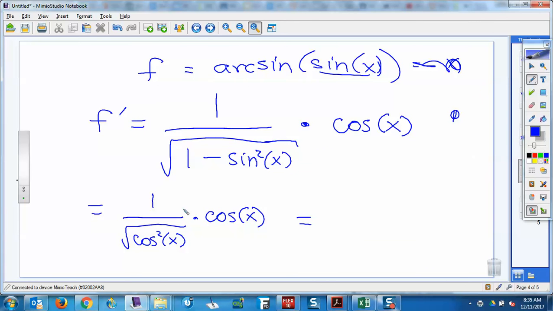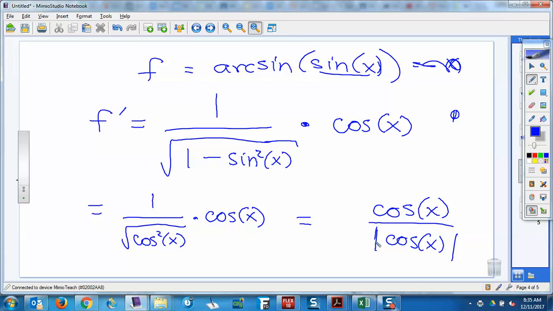So the same thing's true here. We get cosine on top, and absolute value of cosine on the bottom. Now, look at that graph. When cosine is positive, what does this divide out to? 1.